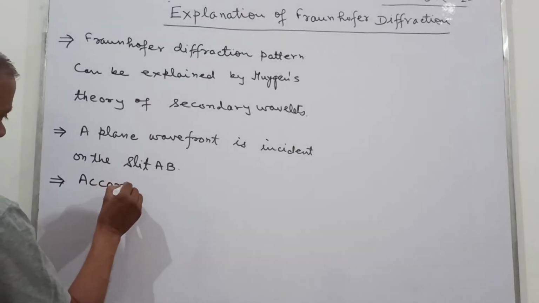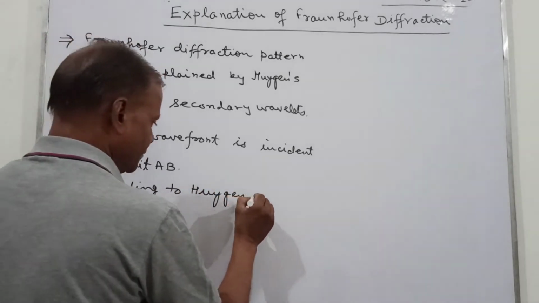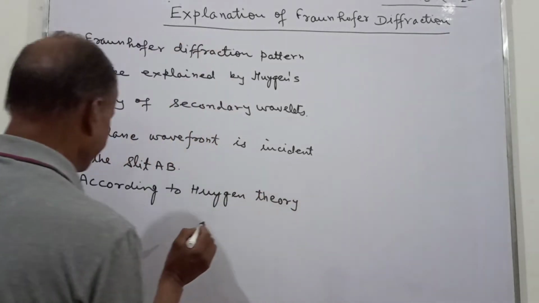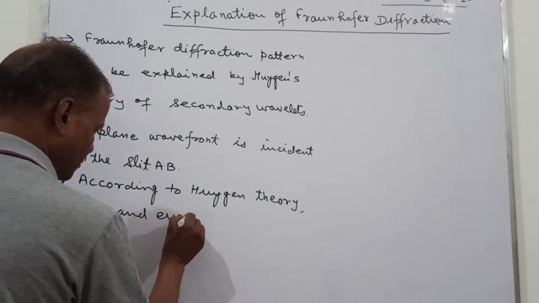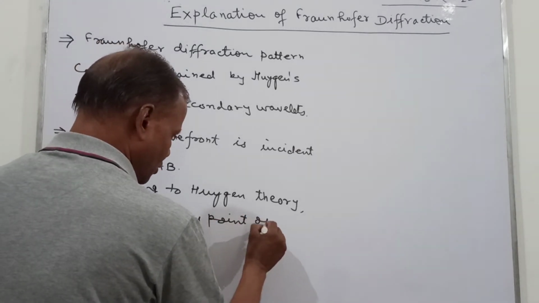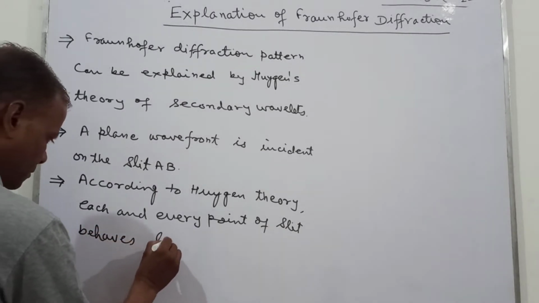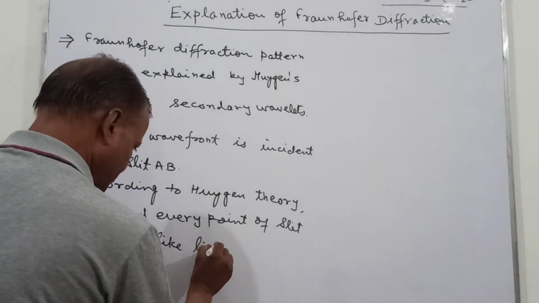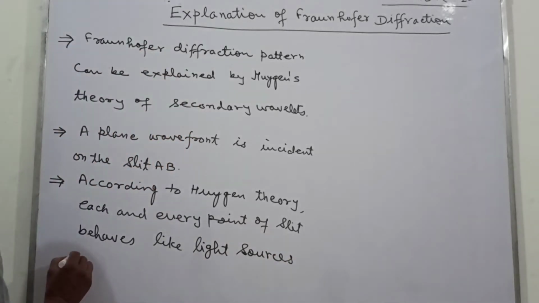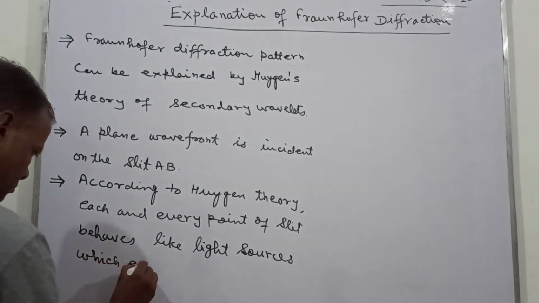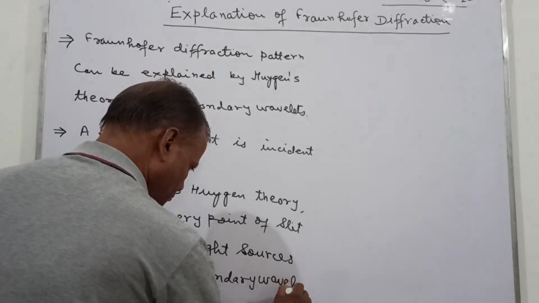According to Huygens theory, each and every point of the slit behaves like a light source, and these sources emit secondary wavelets.